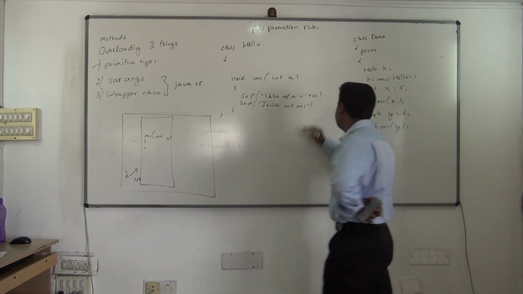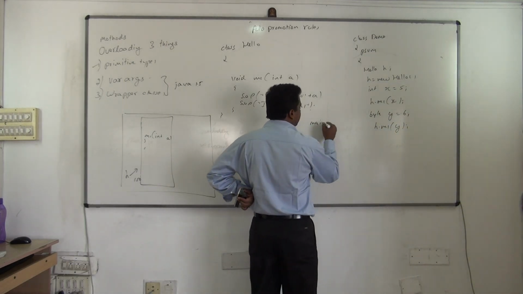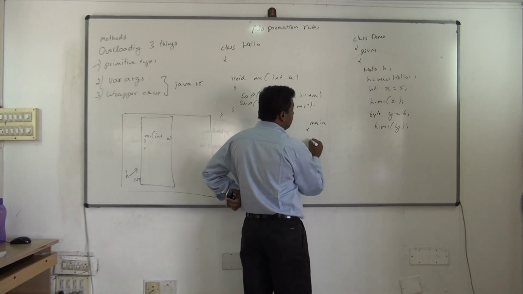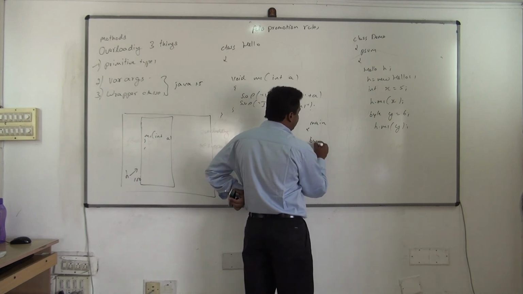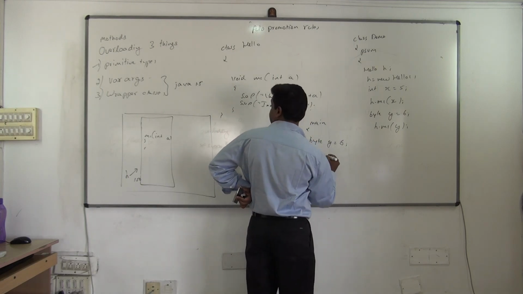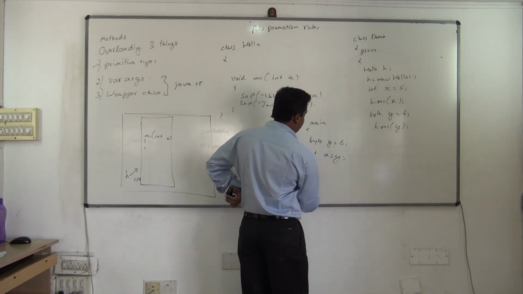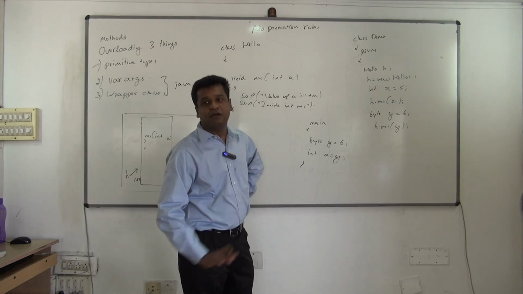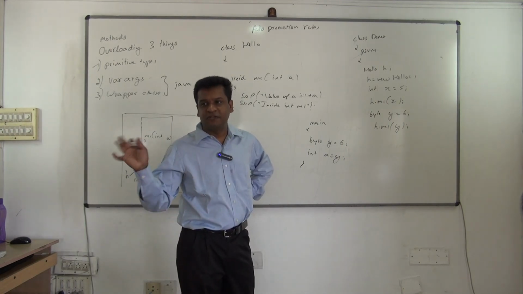If you are getting confused, you can take it locally. Take the main method. See, there is one byte y is equal to 6. Int a is equal to y is valid code, no? Try locally first. Do not go and get confused there.